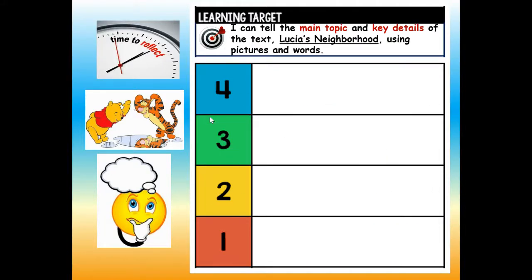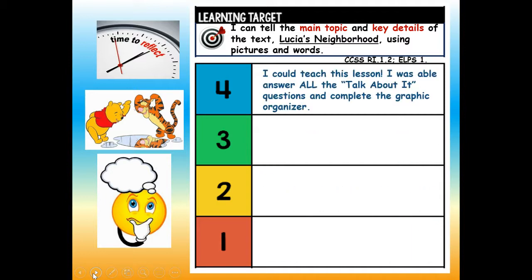So, let's reflect on our learning. And just like Winnie the Pooh and Tigger are looking at their reflection, let's reflect on your learning on yourself. I can tell the main topic and key details of the text, Lucia's neighborhood, using pictures and words. Would you give yourself a 4? And 4 means I could teach this lesson.